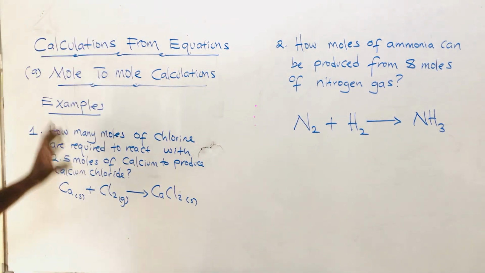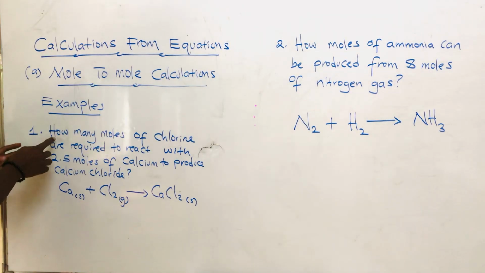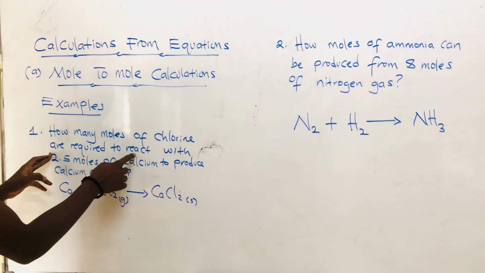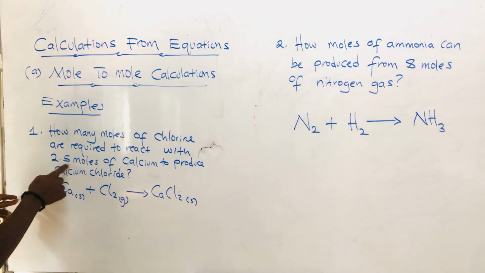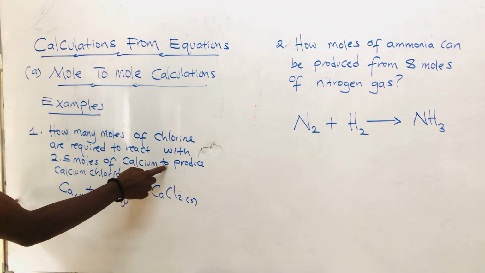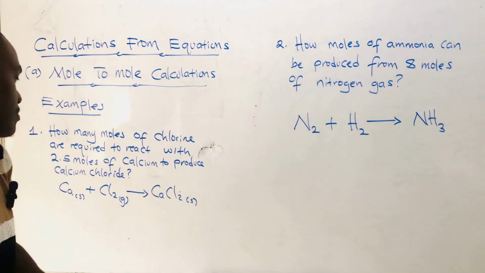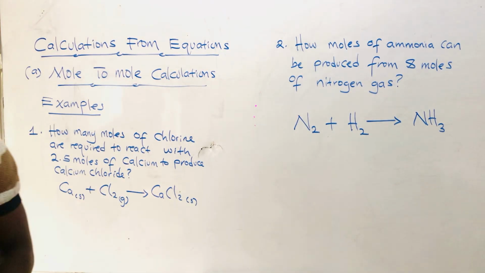So we've got an example here. We are saying how many moles of chlorine are required to react with 2.5 moles of calcium to produce calcium chloride according to the equation below. So we have that equation.